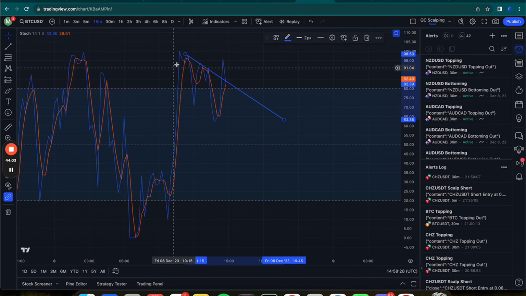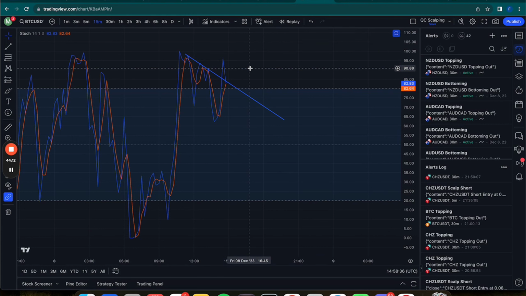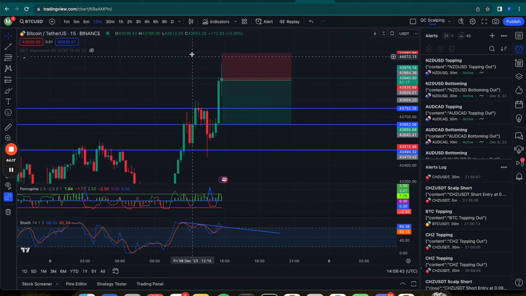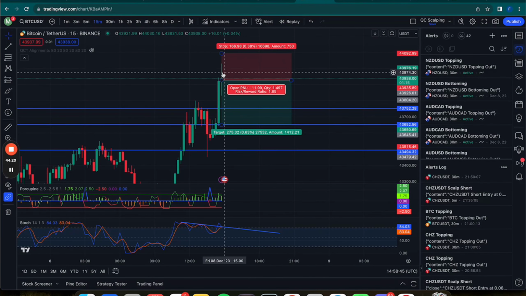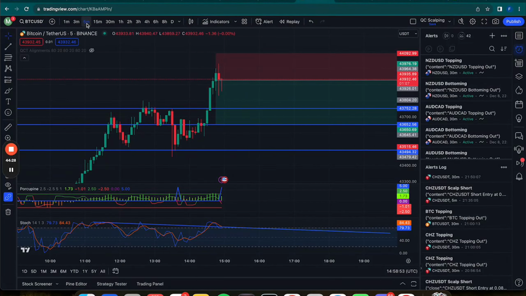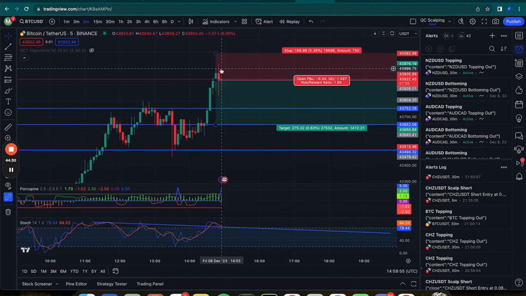I'm talking about the orange one, the D. The K, we don't even need really. I was going to leave it on, but you don't really need it. So here, once again, this wick is also good. If we close with the wick like this, it's good. Even if we see some upward pressure, we should not see anything higher than this level here. So yeah, this could be bouncing around.